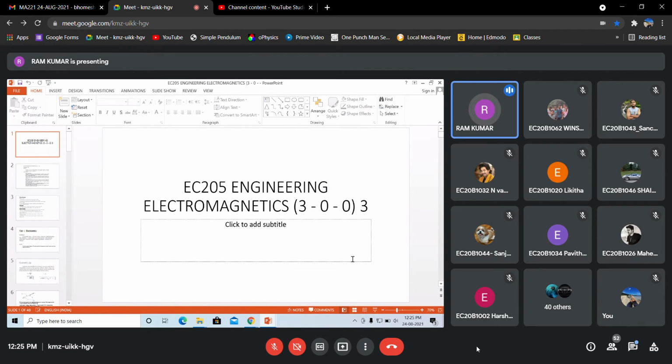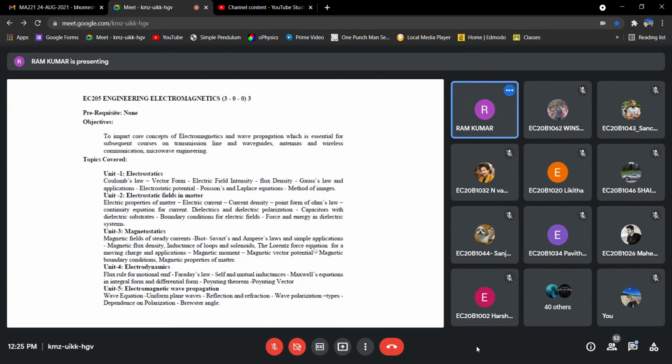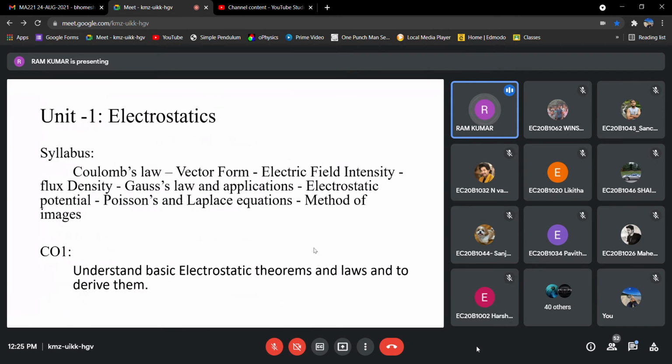I will go with a quick revision of Coulomb's law, electric field intensity and the electric flux density. This is our unit 1, electrostatics. What we are going to study in this is about the electric field, with the units of that field, and how we express it practically, whether by diagram or equation.